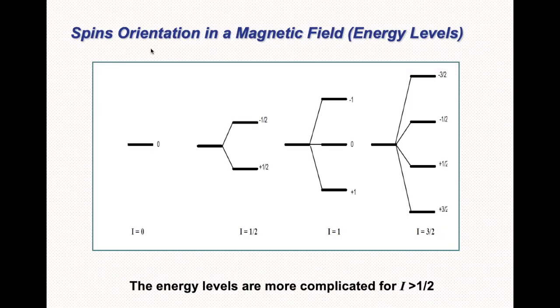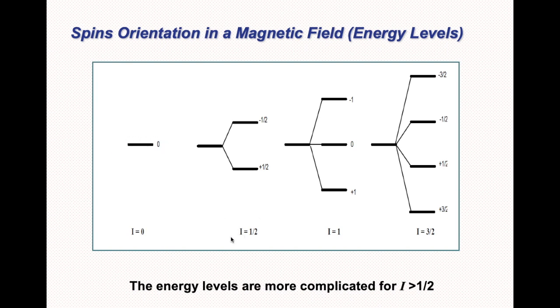This diagram explains how nuclear spins are arranging or orienting in an external magnetic field. Suppose we have a nucleus with zero spin. No matter what kind of magnetic field you are using, its nuclear energy state is always identical. It will not split. In other words, it is said to be degenerate.